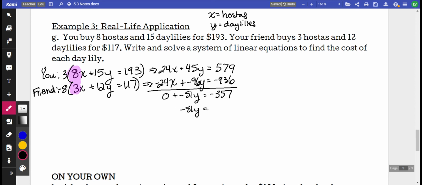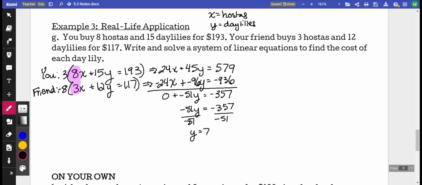So the left side simplifies to negative 51y equals negative 357. So I'm going to divide both sides by 51. y equals 7.